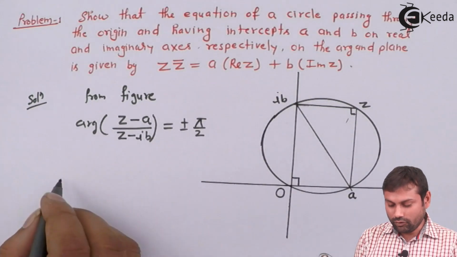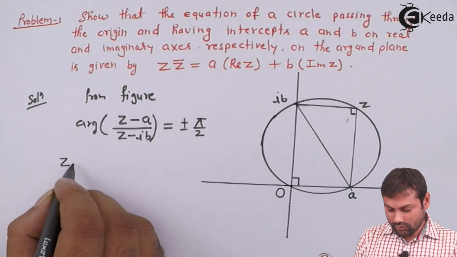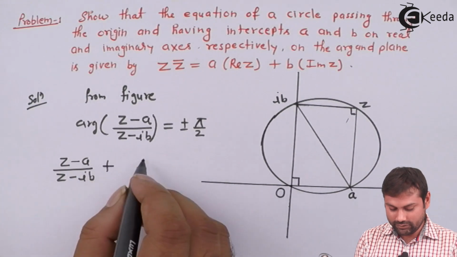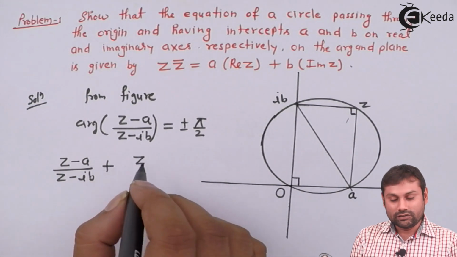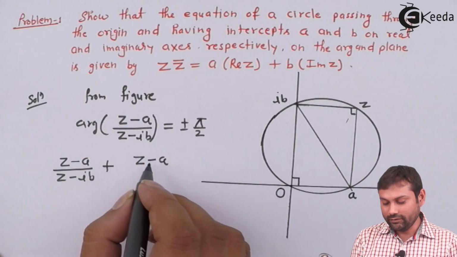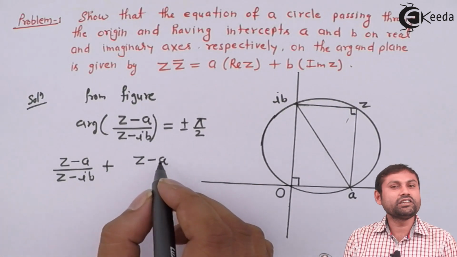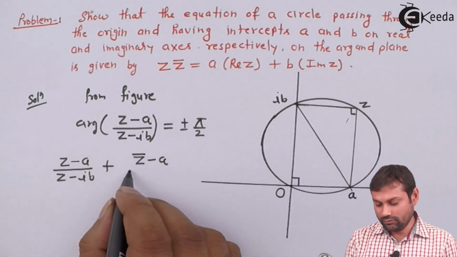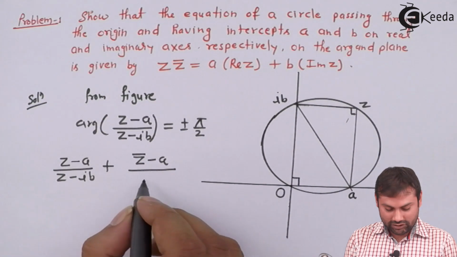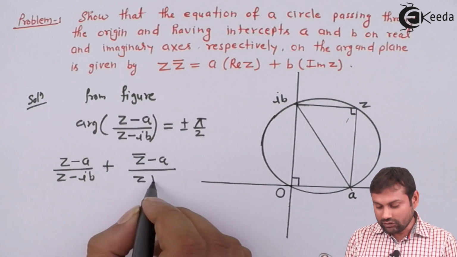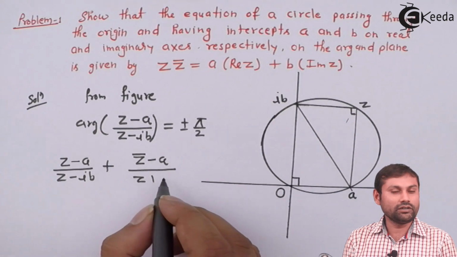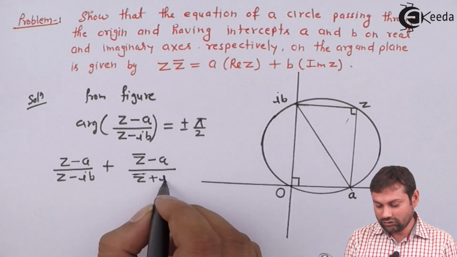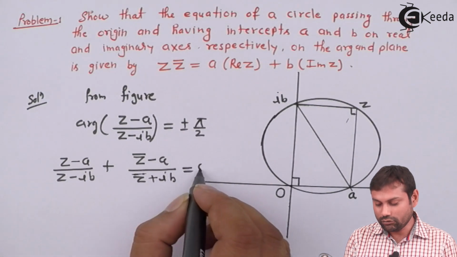So from here you can write (z minus A) upon (z minus iB) plus its conjugate equals 0. Since A is a real number, A bar is A, so the conjugate is (z bar minus A) upon (z bar plus iB), equals 0.